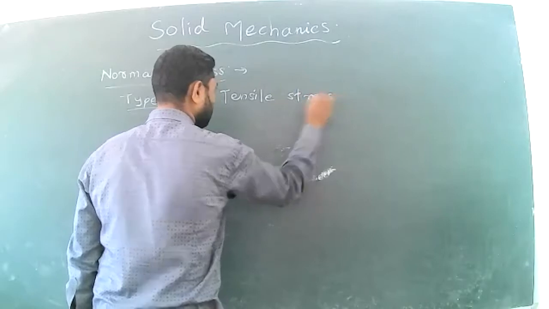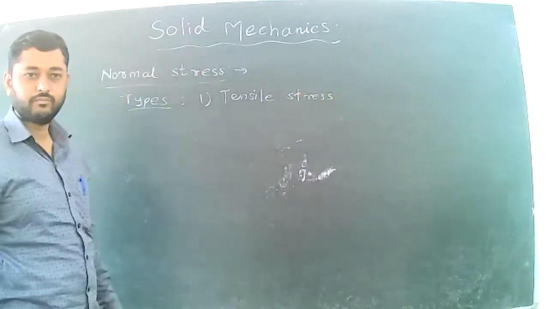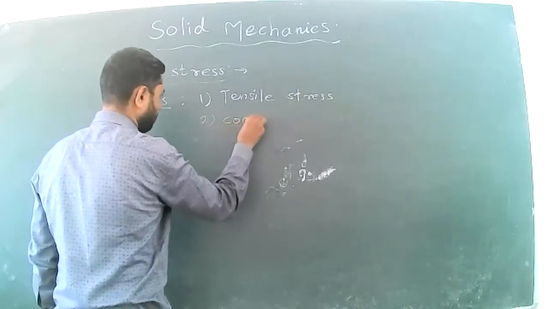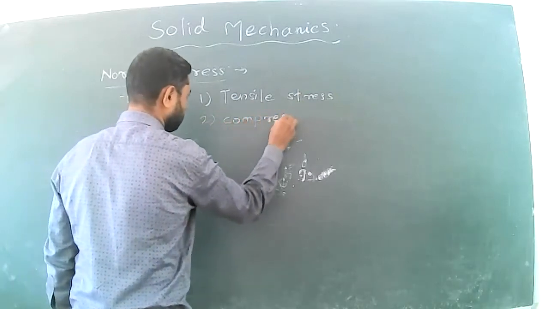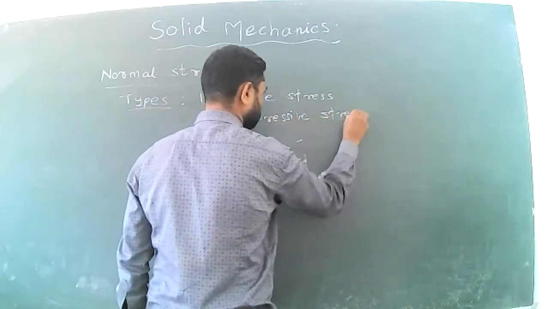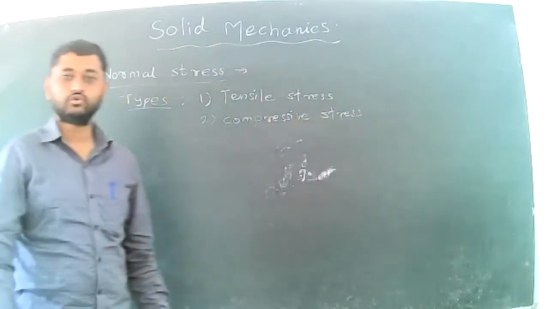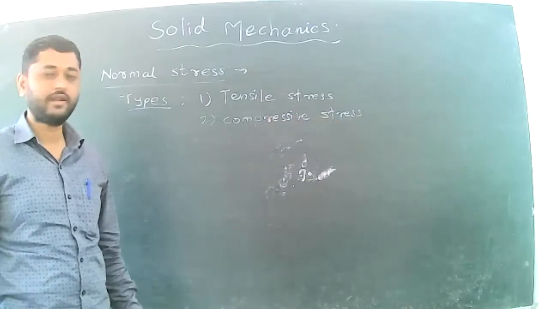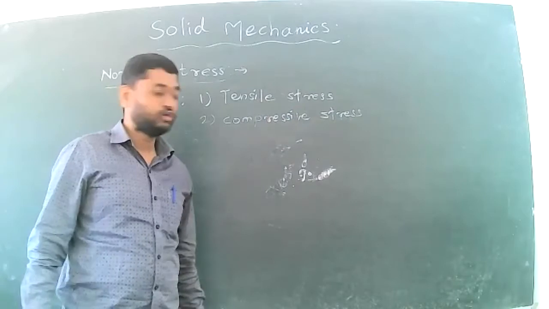And the second type of normal stress is compressive stress. These are the two types of normal stresses, tensile stress and compressive stress.